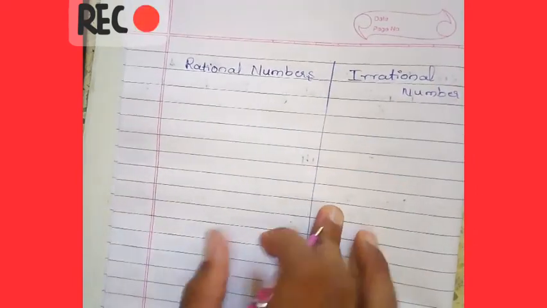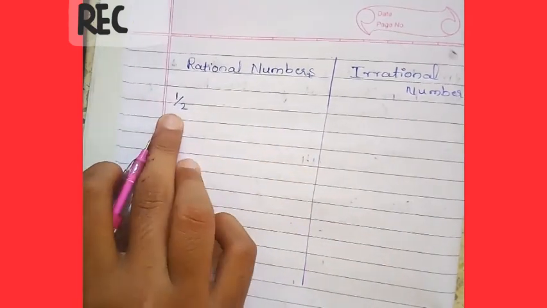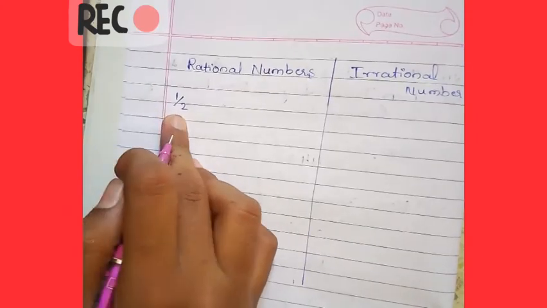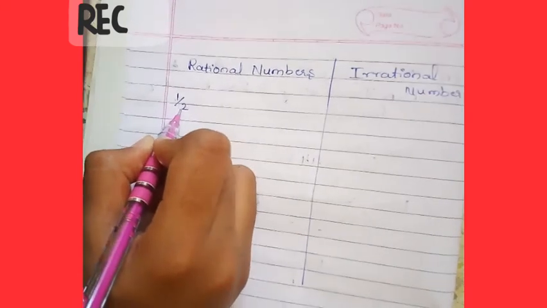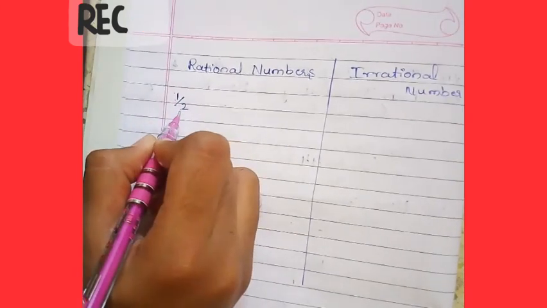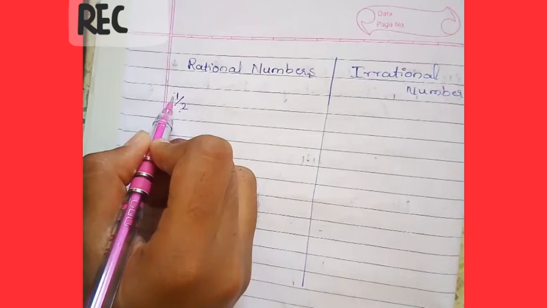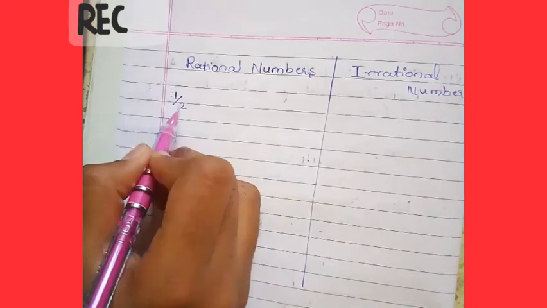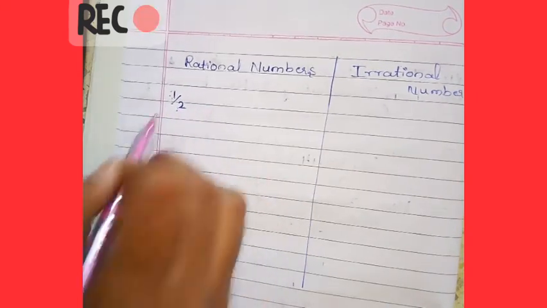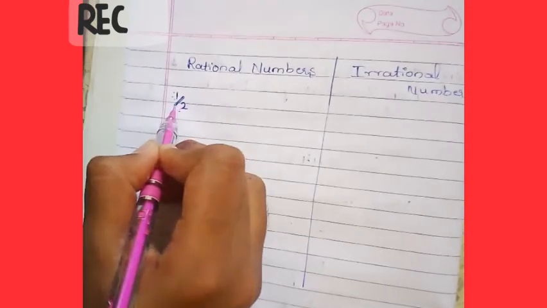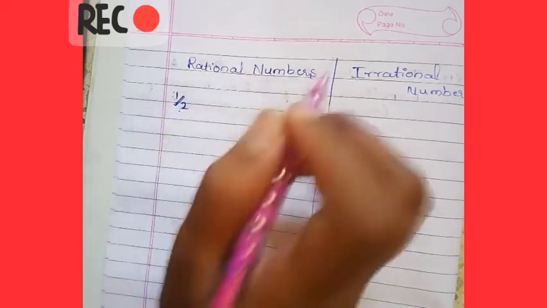Okay, 1/2. 1/2 is a rational number, because let's recall, rational numbers are in the form of p/q, in the form of a fraction. p may be positive, negative or 0, but q should not equal 0. As you can see here, 1 is p and 2 is q. This means this is a rational number.